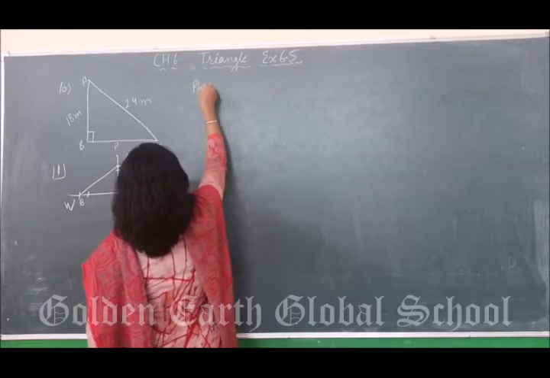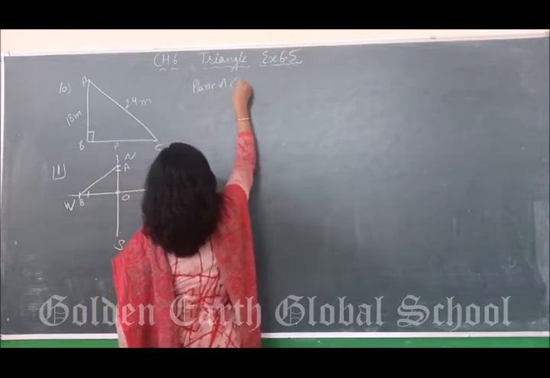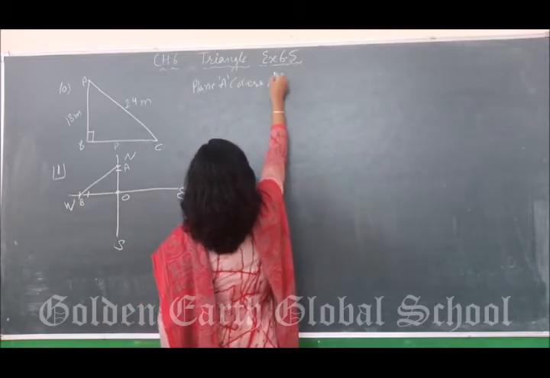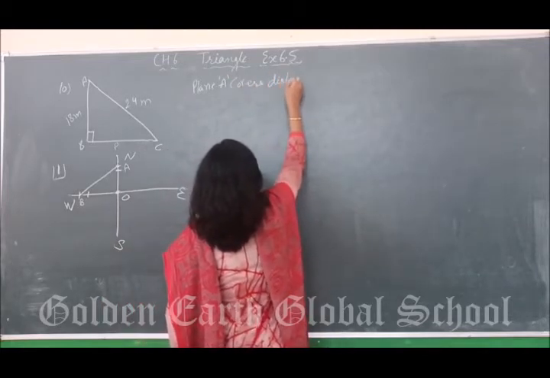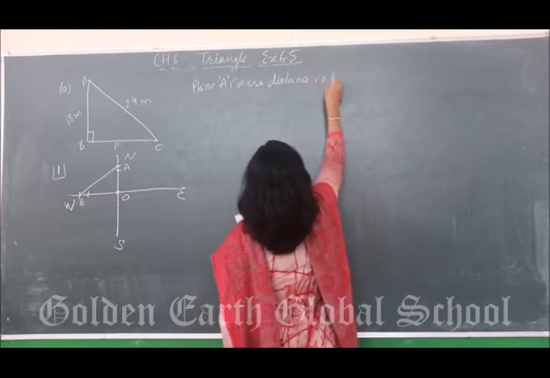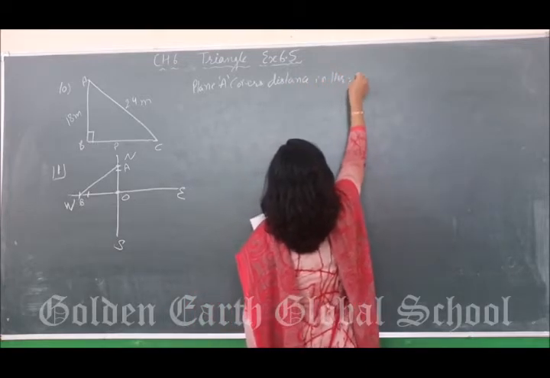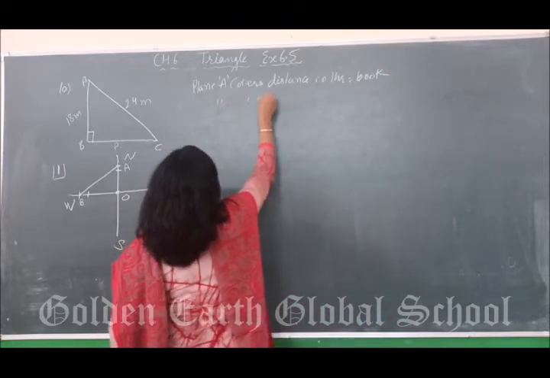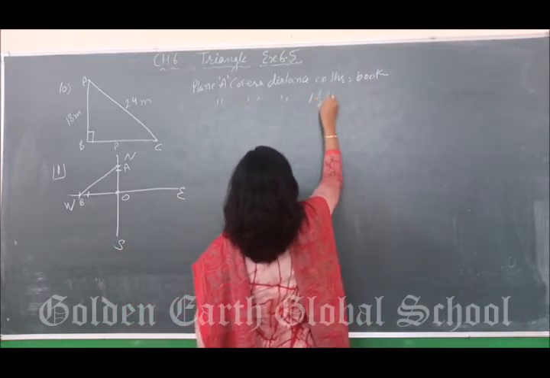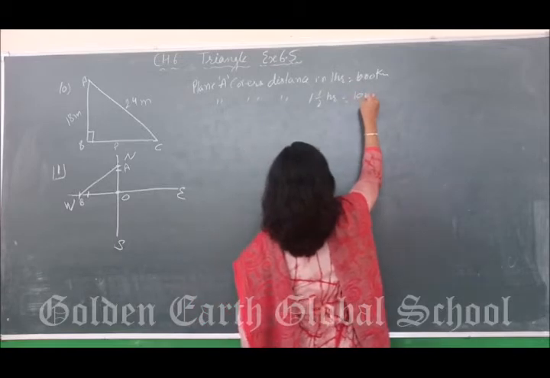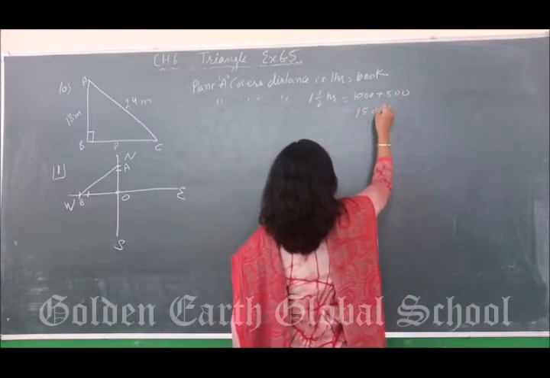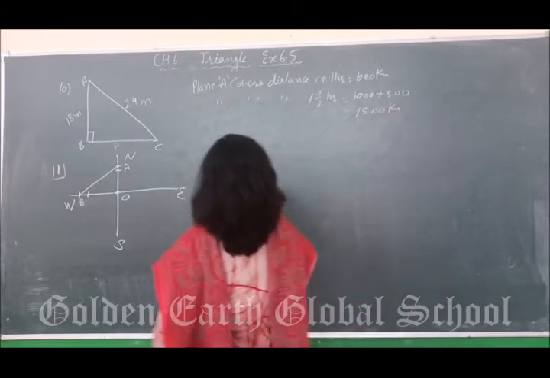Plane A covers distance in 1 hour 1000 kilometers. How much distance it covers in 1.5 hour? 1 hour this, half an hour 500 more. So 1500 kilometers.